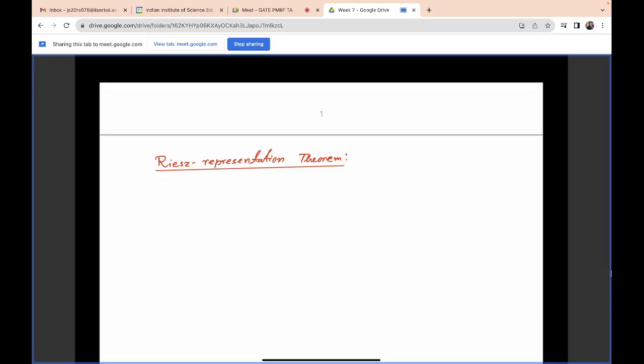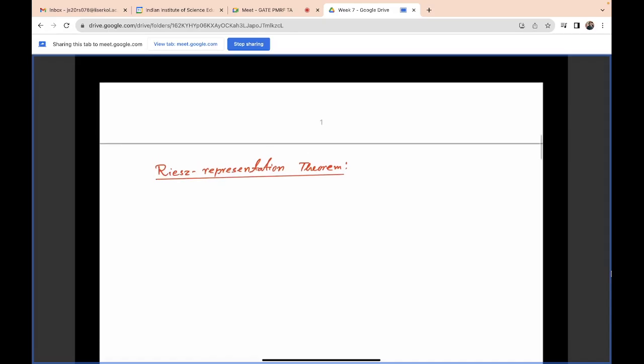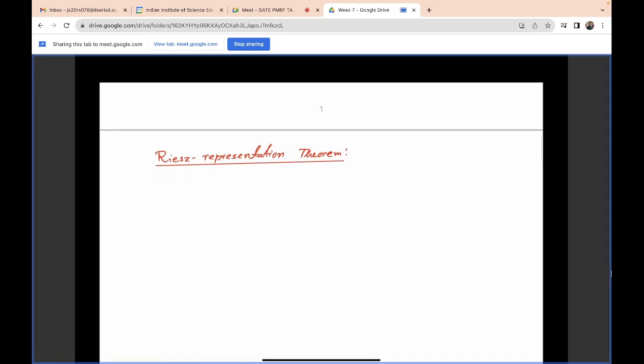This basically characterizes all bounded linear functionals on a Hilbert space, right? And so basically L2 over some set, you can take any compact metric space or locally compact space. So L2 of that will be a Hilbert space.